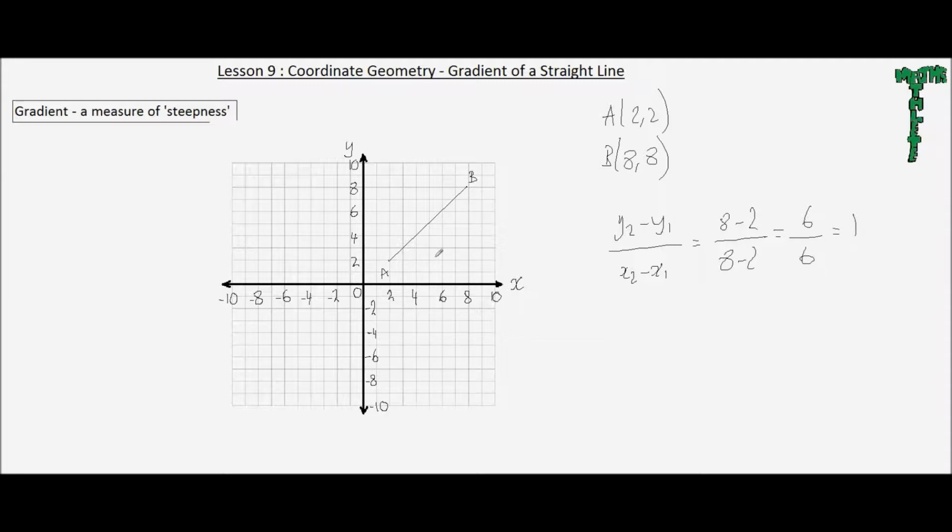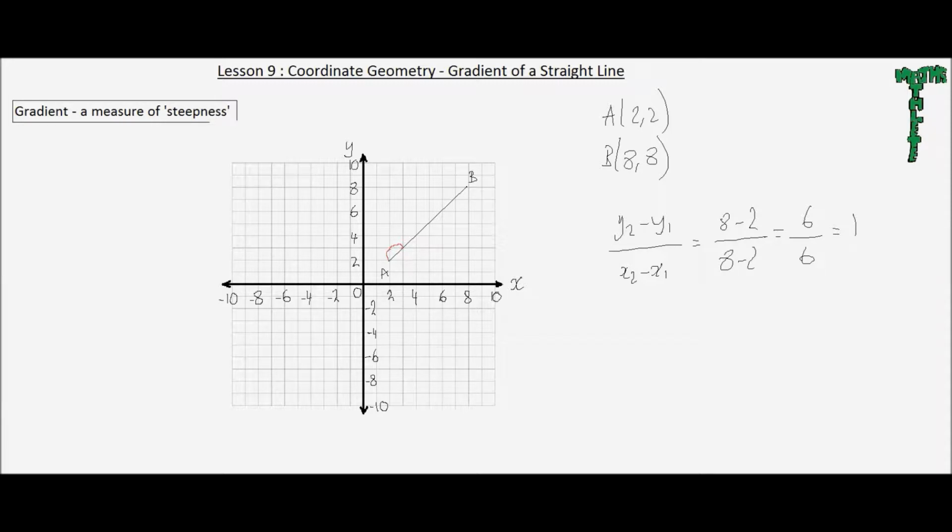So as you notice graphically, as you go up by 1, you also travel across by 1. So if we wanted to work backwards and we wanted the gradient of 2, we'd say to ourselves, okay, we want to travel twice as much up as we travel across.